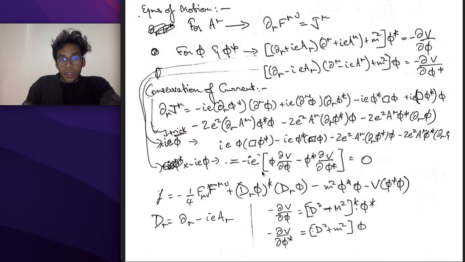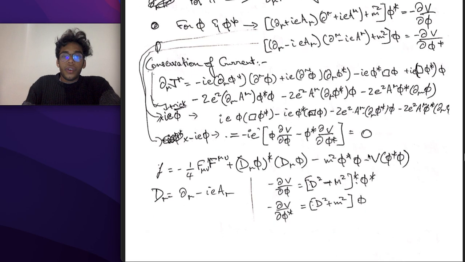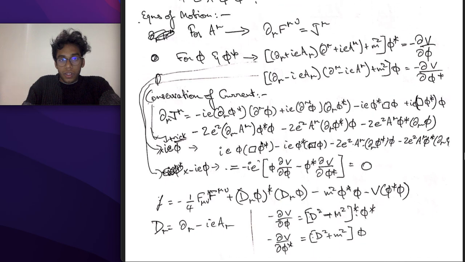When you do that, you find that minus IE phi dou v by dou phi minus phi star dou v by dou phi star just vanishes. So this is basically taken care of, and as a consequence, all these terms in dou mu j mu must vanish as well.